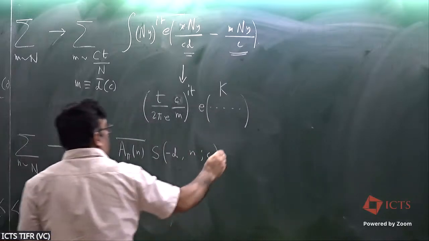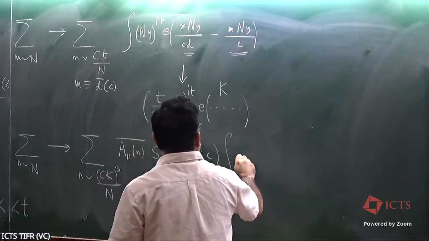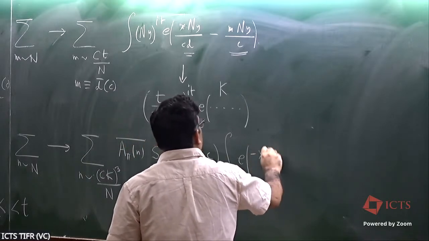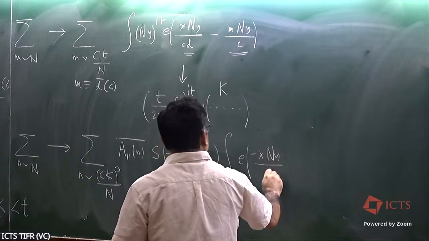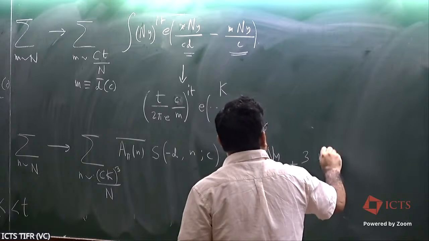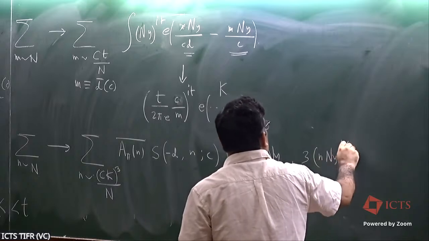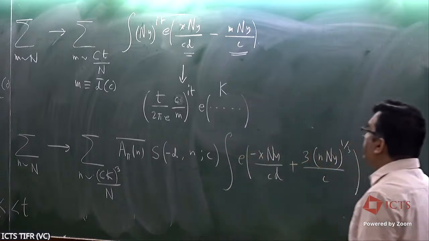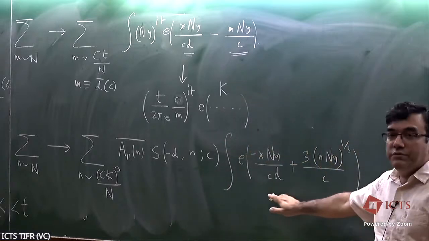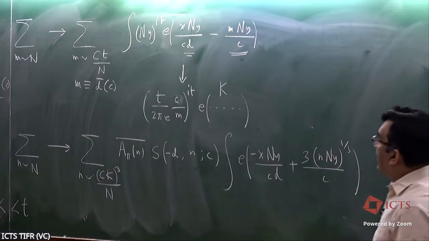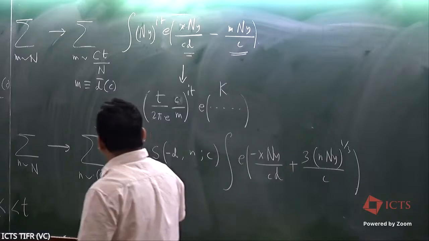And then I have E of minus N X N y by C D plus 3 N y to the power 1/3 by C. And here also you can use stationary phase analysis to write it down explicitly. Right? Yeah, so that's the dual length.